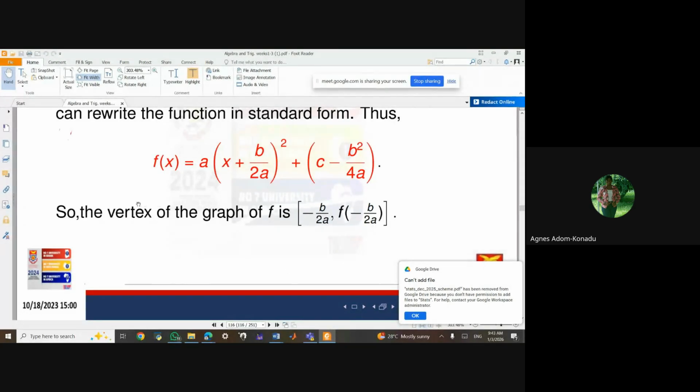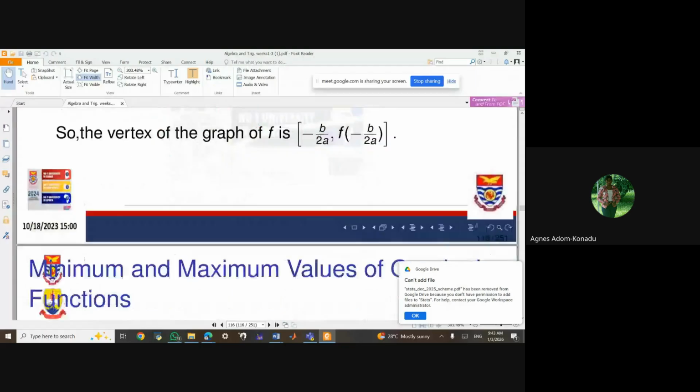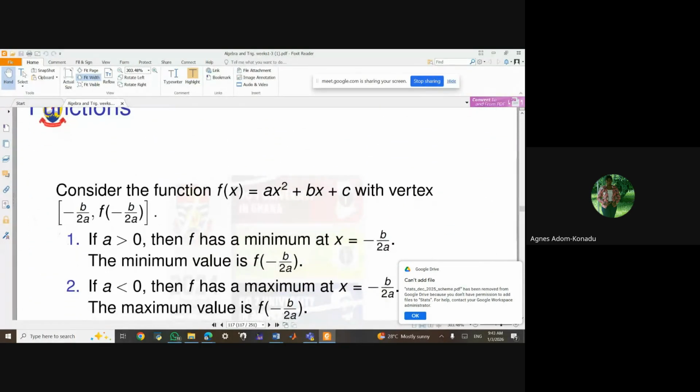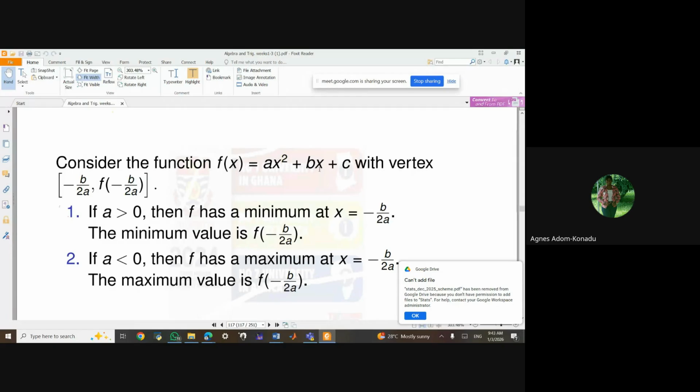So if it's like this, then the vertex of the graph will be minus b over 2a, and then f of minus b over 2a, or c minus b squared over 4a. So consider the graph with this vertex.